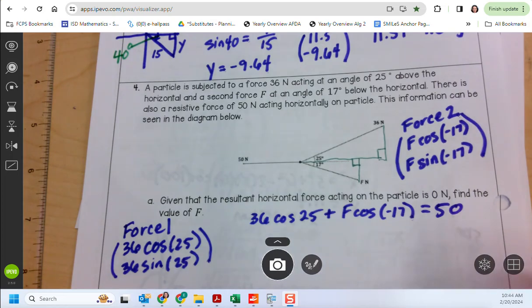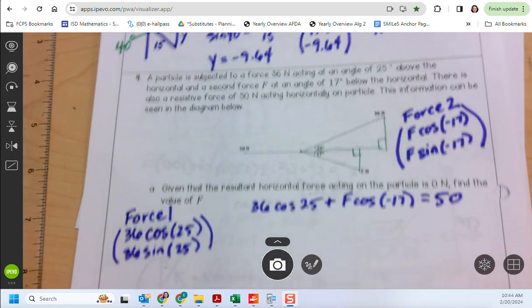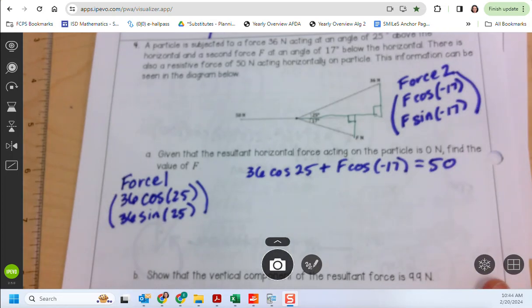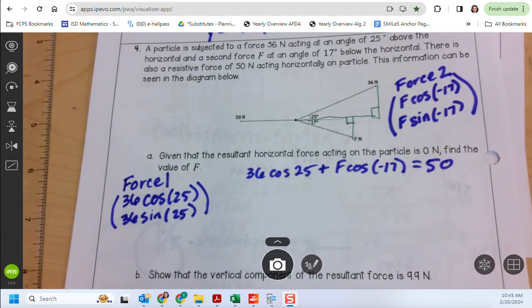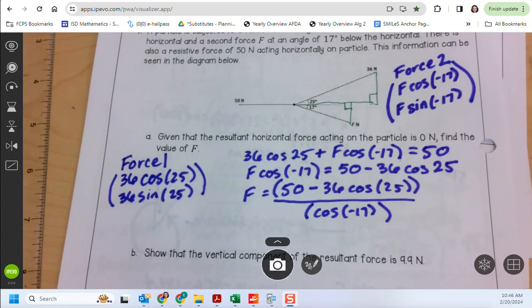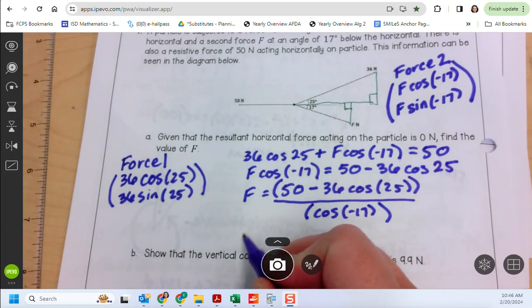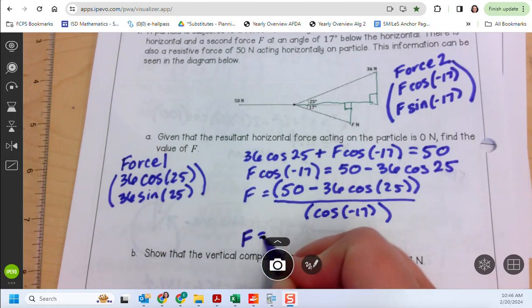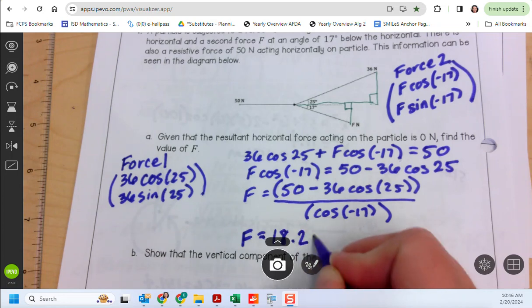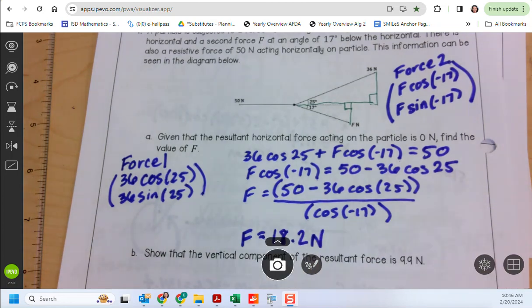And I can solve this now for F. So take a moment on your calculator to solve that equation. Okay, when you put that in your calculator, you should get about 18.2 newtons for F. Anybody else get 18.2 newtons? What'd you get? Same thing?